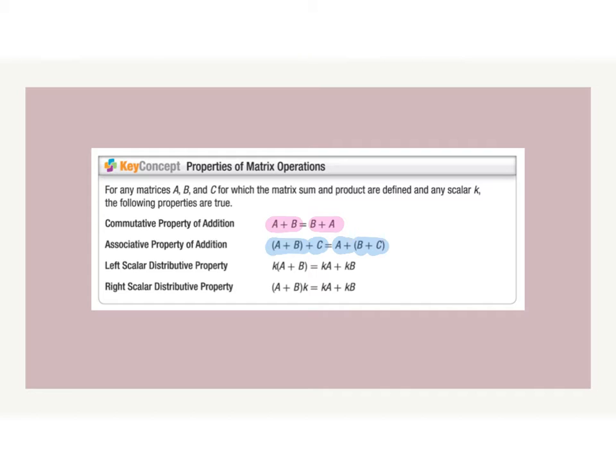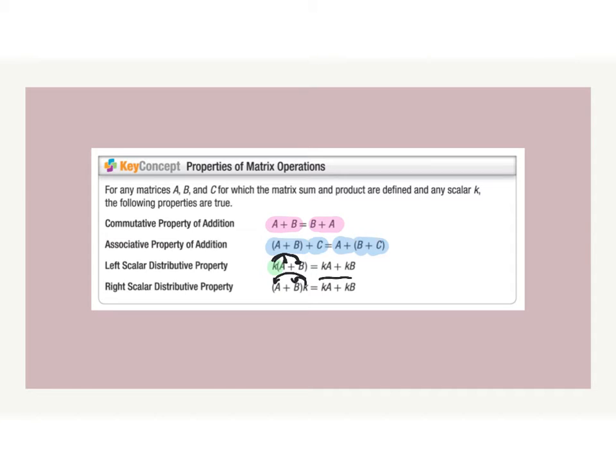Next, we have the left scalar distributive property. If we're multiplying a scalar that's to the left, we distribute it. And same thing if it's on the right, we distribute it. So our scalar could be written in front or behind, and we just distribute it.